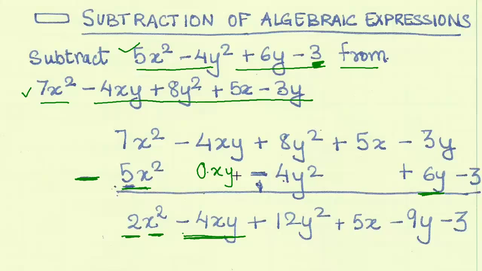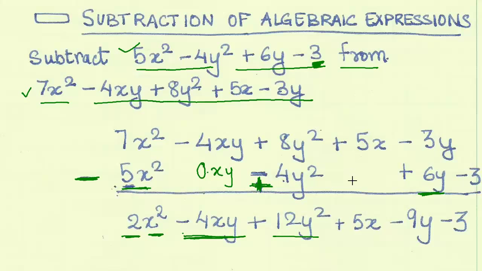When you have two minuses, it actually becomes plus, right? I write it below so that I remember that I have to add these two coefficients. So 8 plus 4 gives me 12y square. So I got my third term in the resultant expression.